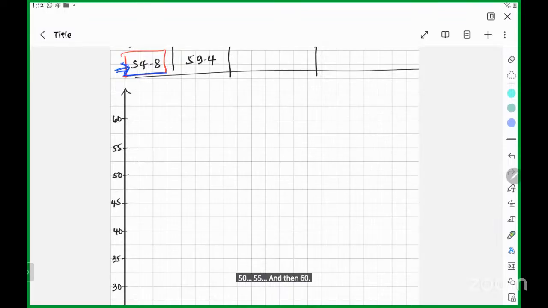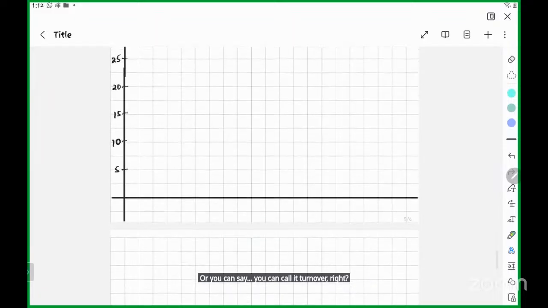So this is our time series. Or you can call it turnover, right? That's turnover. And then on the horizontal, there are months.